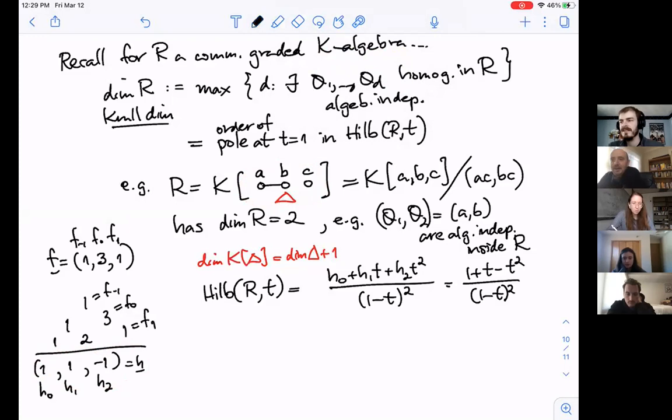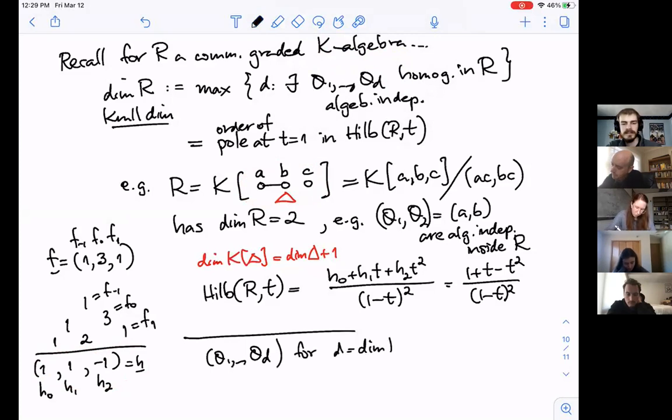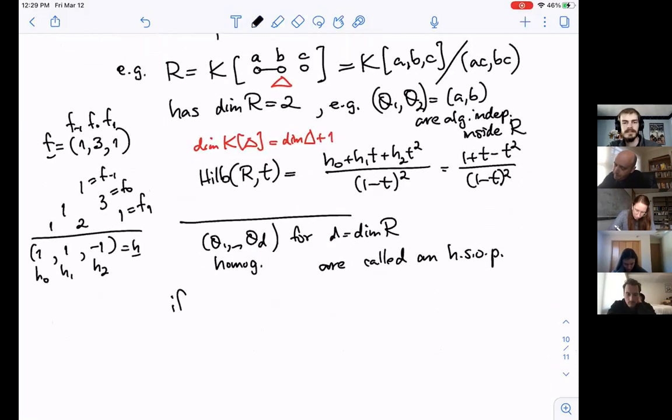All right. Then we had this concept; also recall that we said theta 1 up to theta d, for d the Krull dimension, homogeneous, are called an HSOP, homogeneous system of parameters, if when you look at R mod theta, the quotient ring is now down to finite dimensional over the field, which means Krull dimension 0.